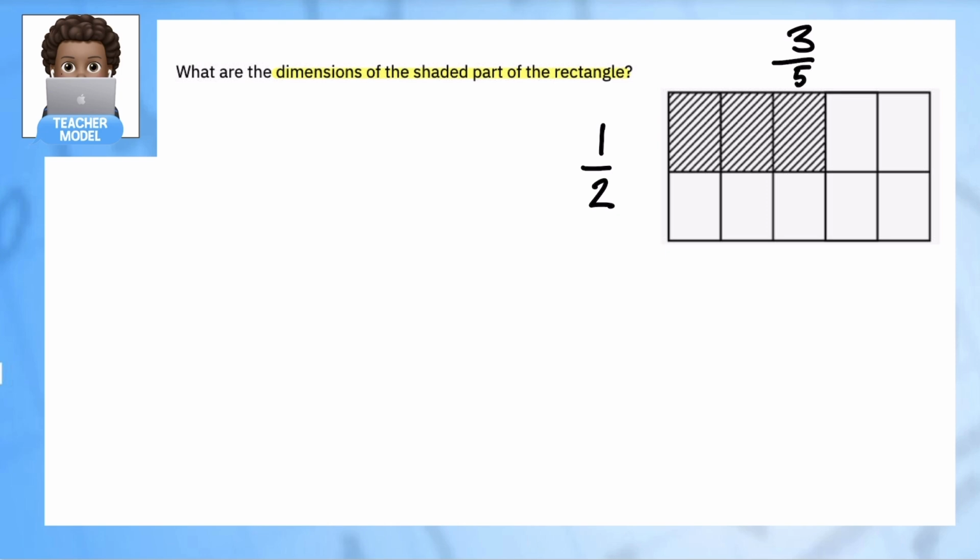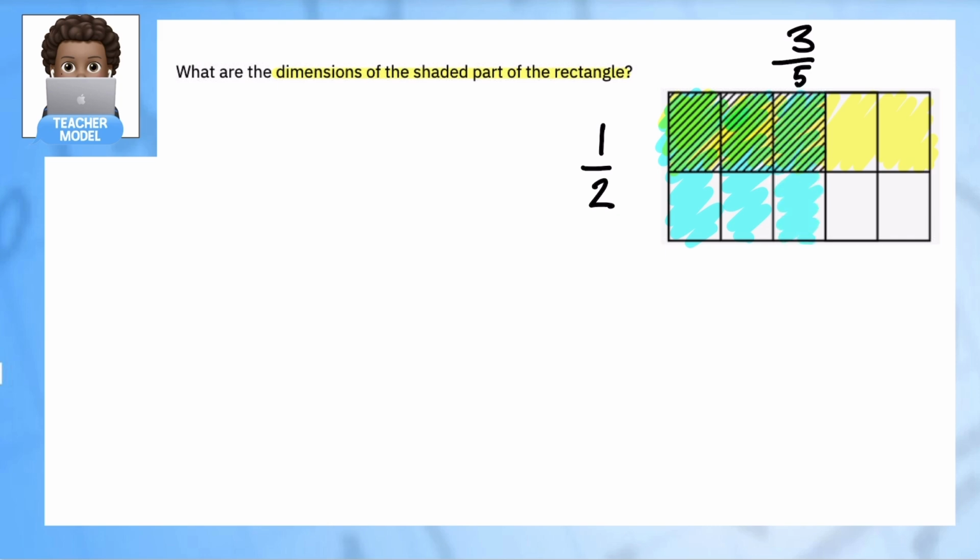Another way you could think about this, because sometimes kids don't see the 1/2, is with shading. So I'm going to use 2 different colors to shade, starting with this one here on the side. I notice that this 1/2 is the dimension I'm talking about. And then going in the opposite direction down, the 3/5.